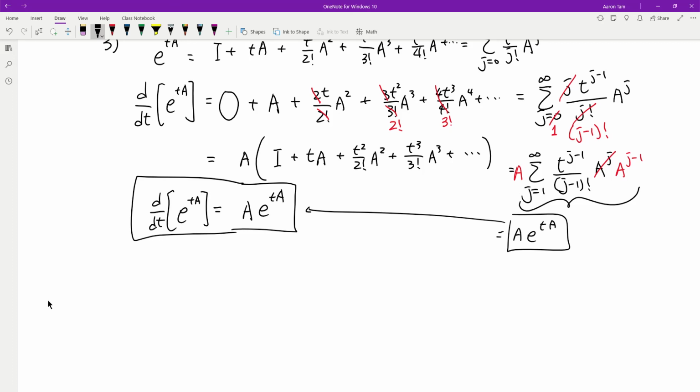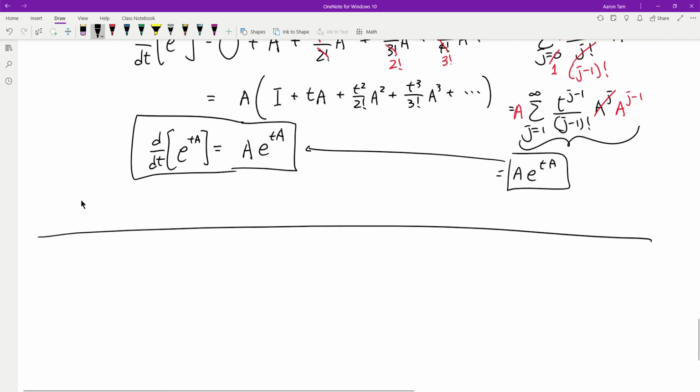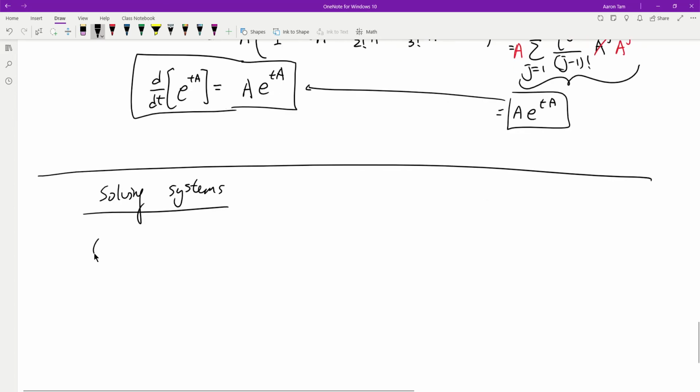So now let's talk about how we take advantage of this. What we want to do now is use this to solve systems. And that's probably the last thing we're going to talk about in today's video, so that hopefully we can make it before 30 minutes. So imagine that we are given a system dx/dt equal to A x, with, let's say, an initial condition.